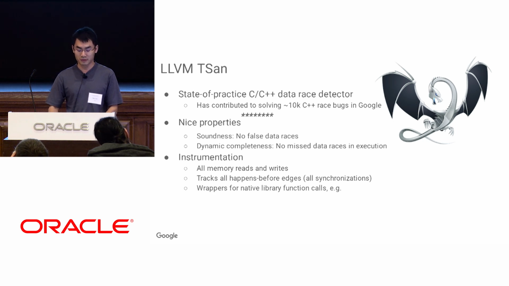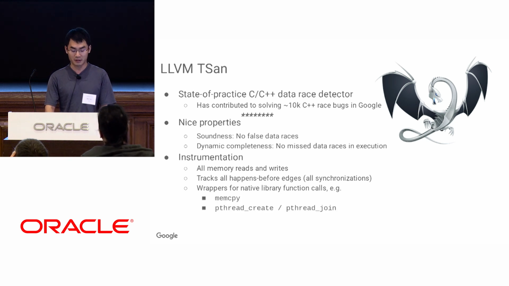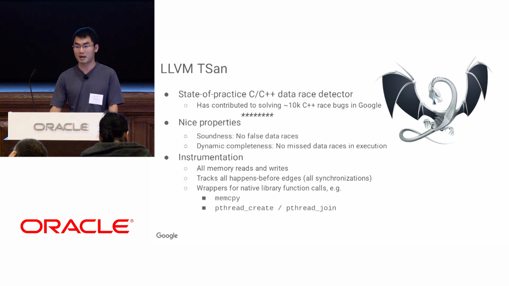There are also native library calls, such as memcpy and pthread create and join. These library function calls can either be a memory access by themselves, or they can add some synchronizations. So LLVM TSan provides wrappers for these library calls in order to instrument them.